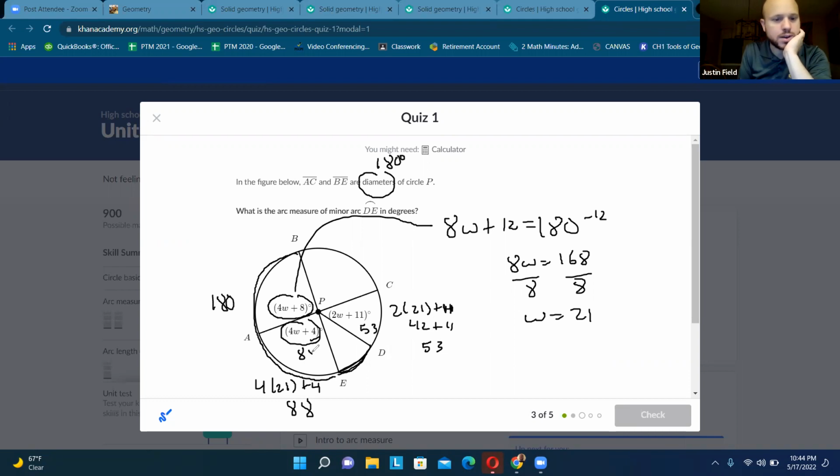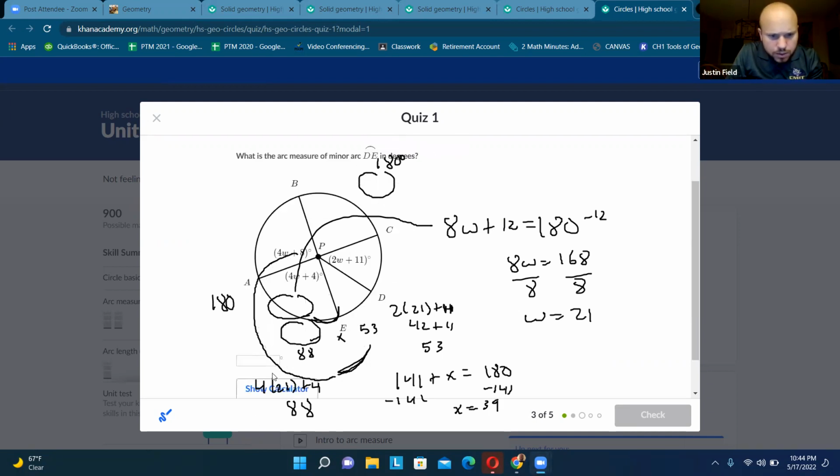This is 88, and this is x. But I know again that these add up to 180. So 88 plus 53 is 141, plus x equals 180. Subtract. I can see it's 39.